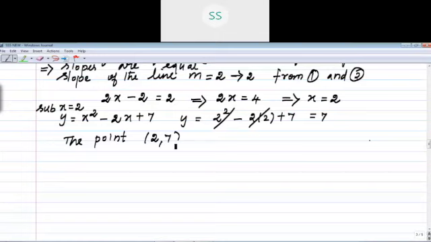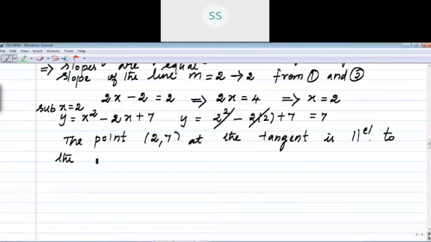The point is 2 comma 7, at which the tangent is parallel to the given line, right? Parallel to the given line. Which line is it? The given line is 2x minus y plus 9 equal to 0.